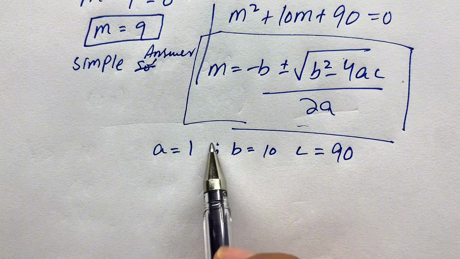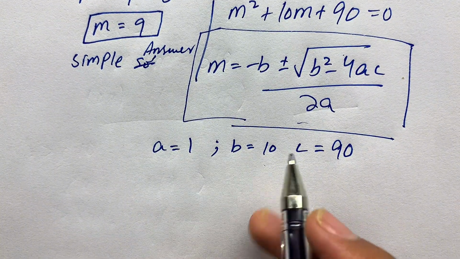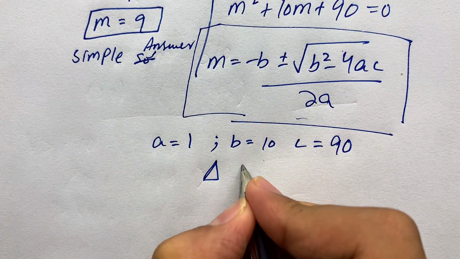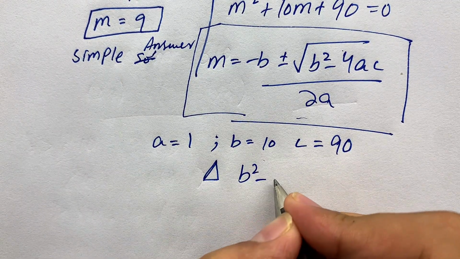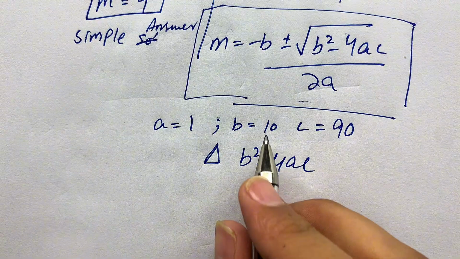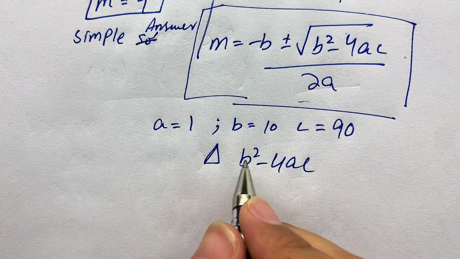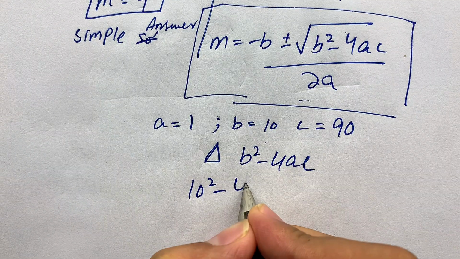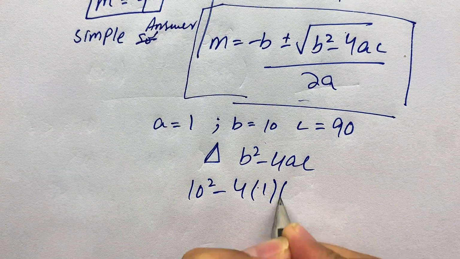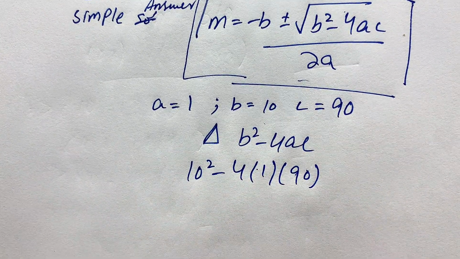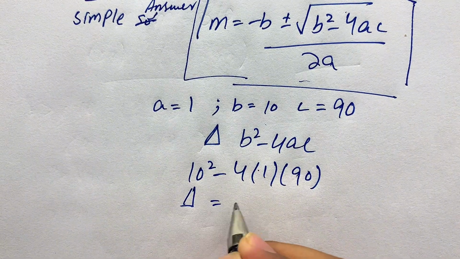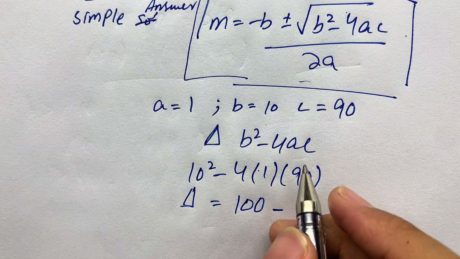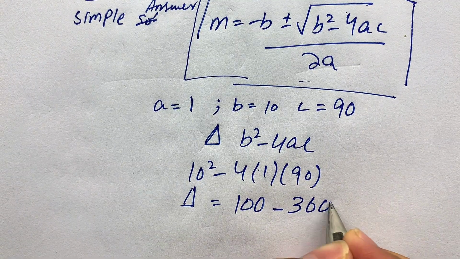First we use b^2 − 4ac. First 10^2 − 4 × 1 × 90, and this will be 100 − 360.